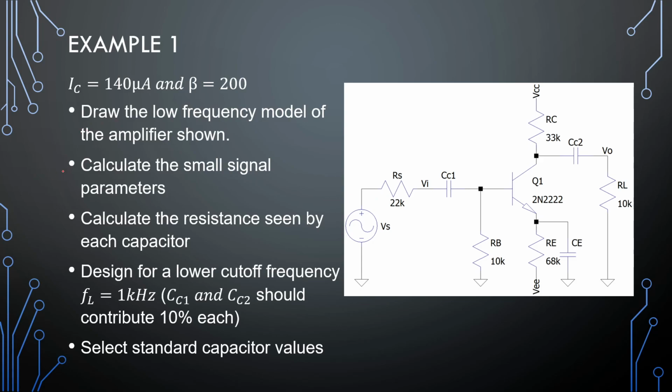Then we calculate the small signal parameters. Then we calculate the resistance seen by each capacitor. And then we are going to design for a lower cutoff frequency of 1 kilohertz, and CC1 and CC2 should contribute 10% each, and we should select standard capacitor values.